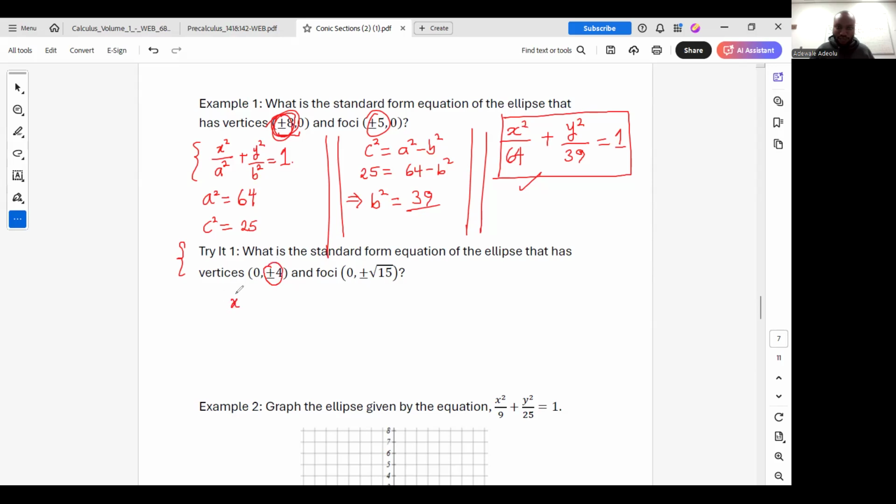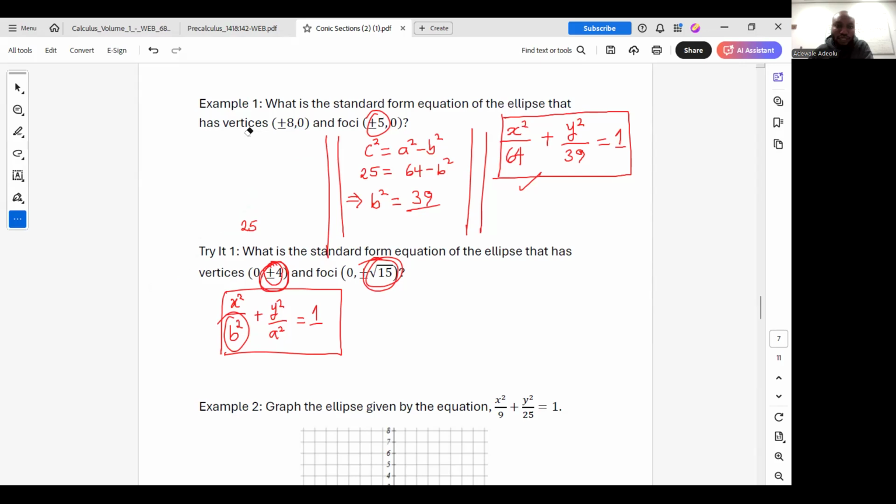So you should be having something like x squared over b squared plus y squared over a squared equals 1. You have a squared, so find c squared. You have c, so find c squared. Then using that, you can find b squared, and you put everything together, just like we did earlier.